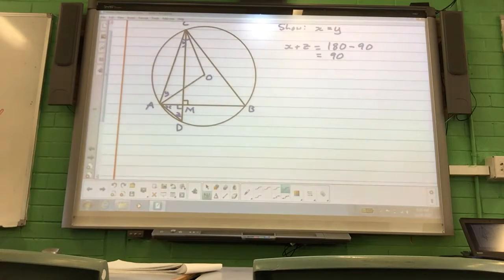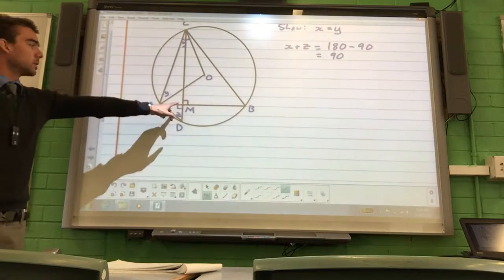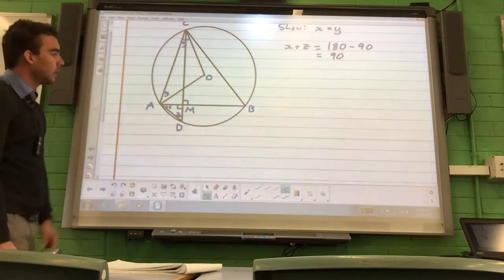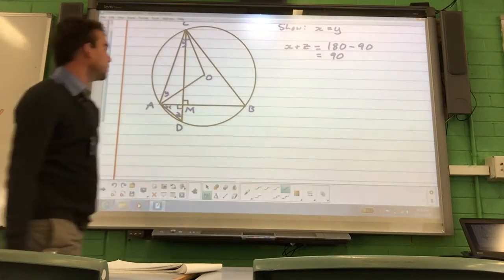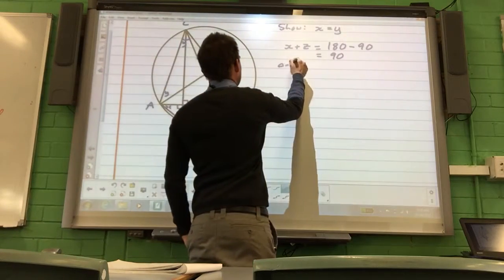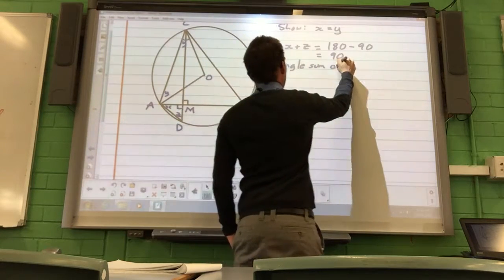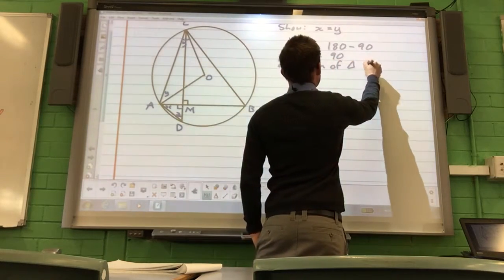Okay, angle sum of triangle. So x plus z plus 90 must equal 180. So x plus z must equal 180 take away that right angle. Angle sum of triangle is supplementary.